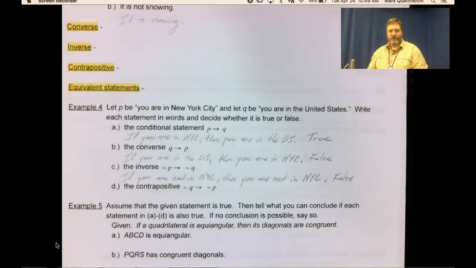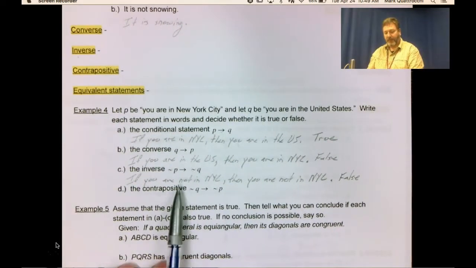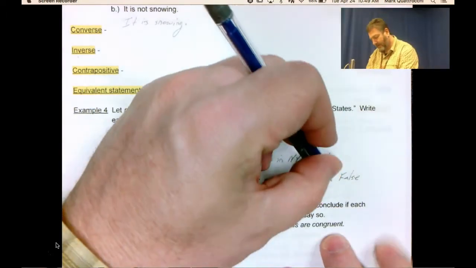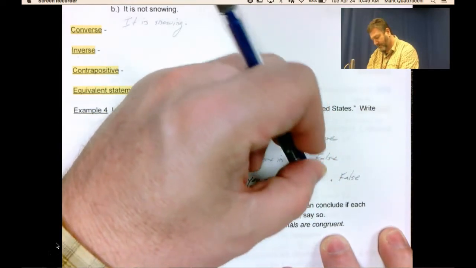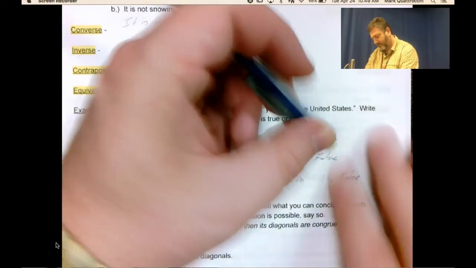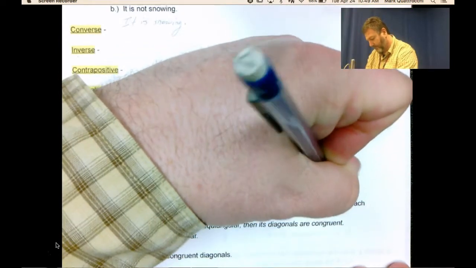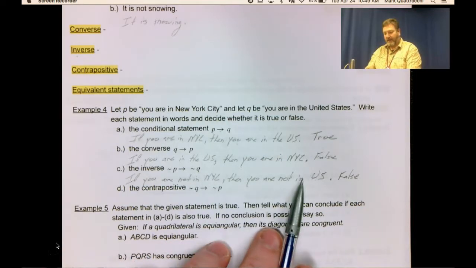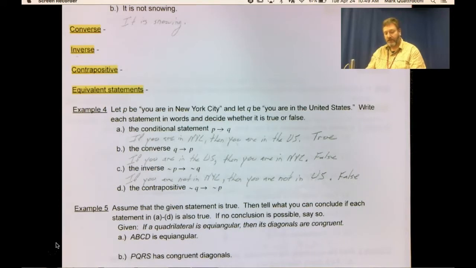How do we know this is false? Again, we found a counterexample. Oops, this last piece should say U.S. Typo. If I'm not in New York City, I'm in Chicago, then I'm not in the United States. Well, I am in the United States because Chicago's in the United States. So that's a good counterexample proving this statement is false.